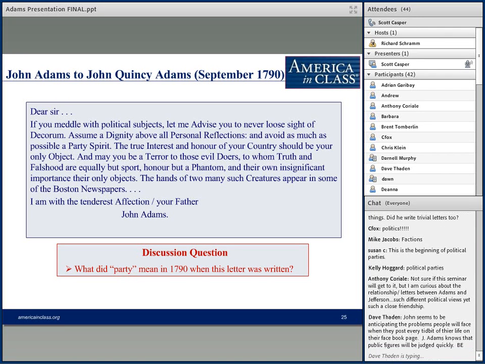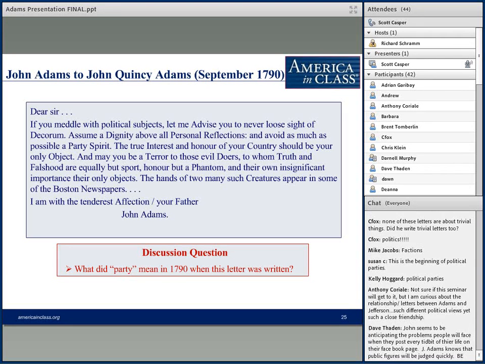And so at this point, there's not a sense of, well, we have two parties, they're both legitimate. People would say, if you're part of a party, that's illegitimate. What's legitimate is thinking only about the public good, which must be me. So I think that's part of what's going on here.